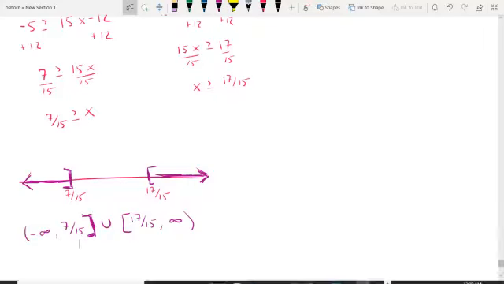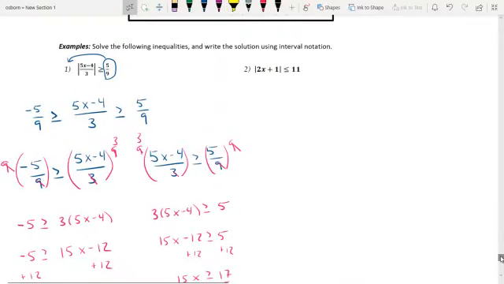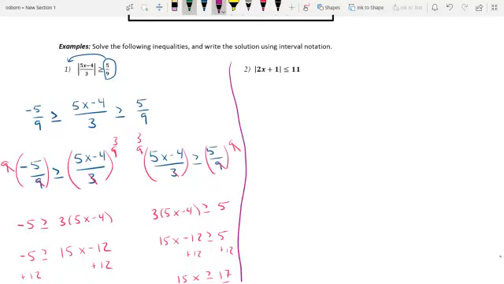Now the last one we're going to look at, go ahead and draw a line to separate it. The last one, I've got the absolute value of 2x plus 1 is less than or equal to 11.